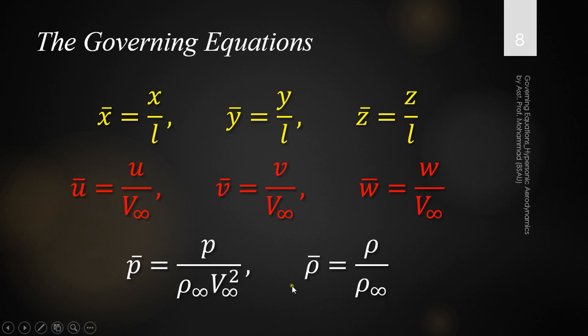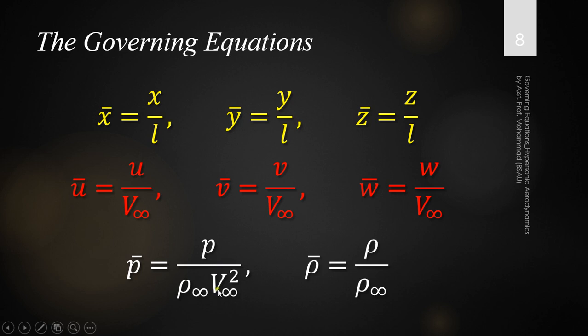Now one question arises: why not take p infinity for the pressure? There is a good reason behind that. We do the non-dimensionalization of the equation to get some help and ease in solving complicated equations. As we proceed, we'll see that taking this particular value for non-dimensionalizing pressure is helping.